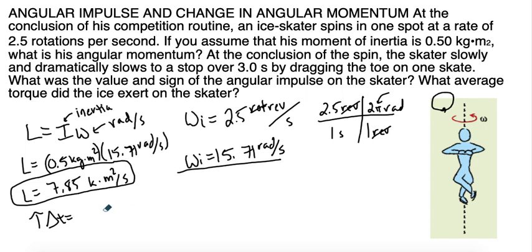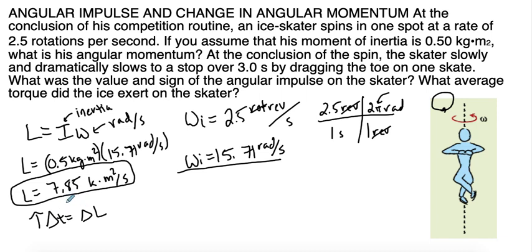Our other equation is that angular impulse is equal to change in our angular momentum. This one might be the easier one to use here, just because we don't have to figure out a final angular velocity or anything like that. We're just looking for our impulse here.